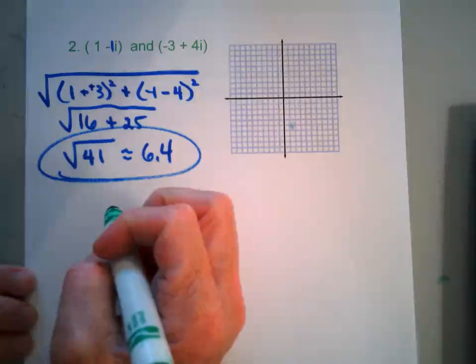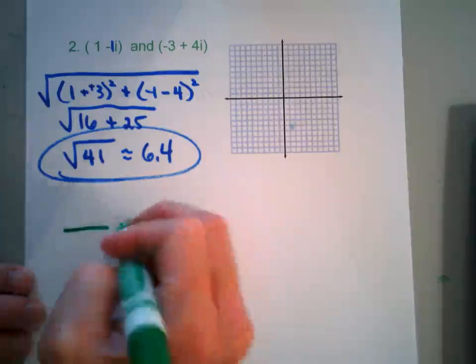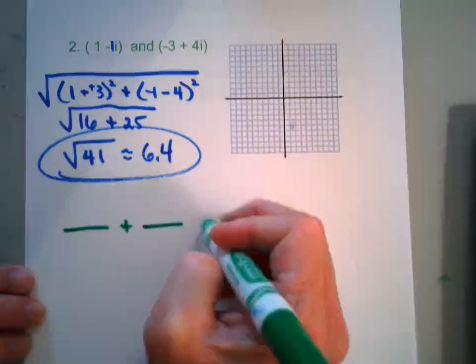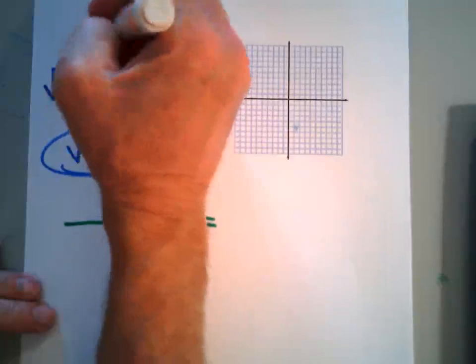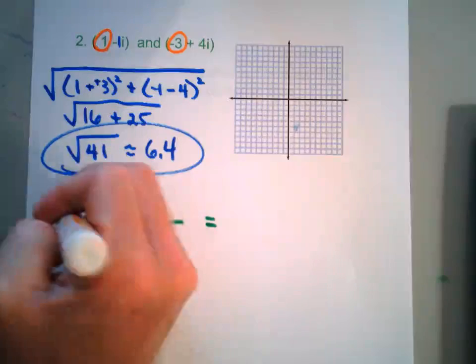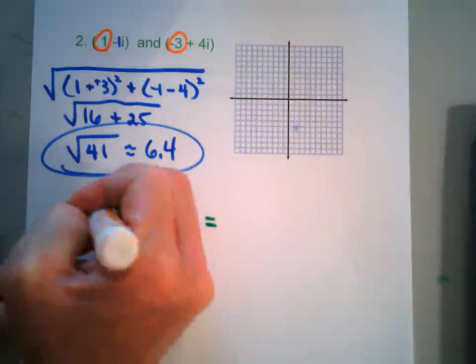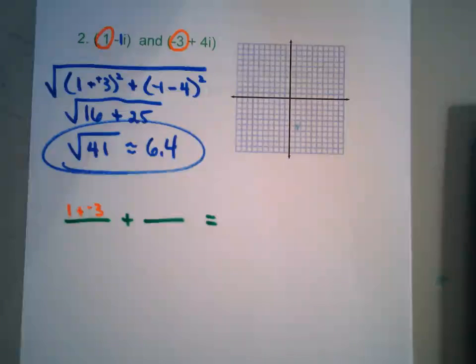So as we do the midpoint, take the two a's, which are 1 and negative 3. 1 plus negative 3, we're going to divide that by 2.